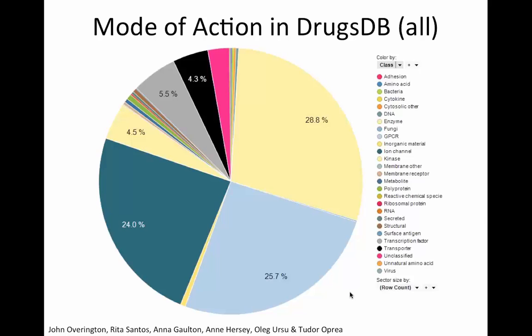That's an urban legend. Maybe 25% of drugs bind to GPCRs. We track kinases separately because of IDG, but these are enzymes and these are kinases, so they should actually be in the same bin. About 33% are enzymes, and then ion channels are a close second to GPCRs. And then there's nuclear receptors and transporters that are of interest in general terms to modes of action.